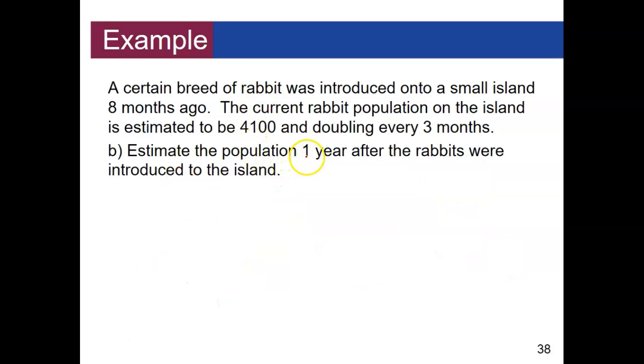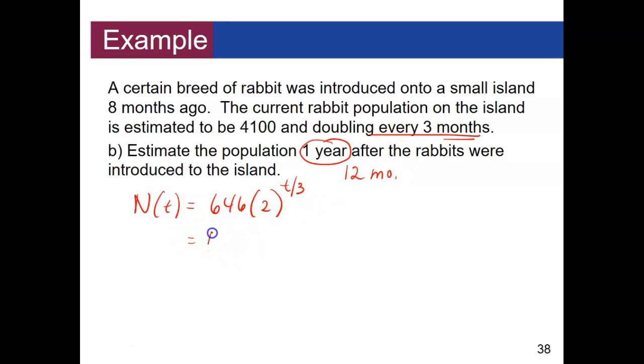Okay, estimate the population 1 year after the rabbits were introduced to the island. So we're going to go back to our model. We said it was 646 times 2 to the t over 3. So 1 year after the rabbits were introduced to the island, we need it to be in months instead of years. So this is going to be the same thing as 12 months. So I'm going to do 646 times 2 to the, plugging in the 12 for the time.